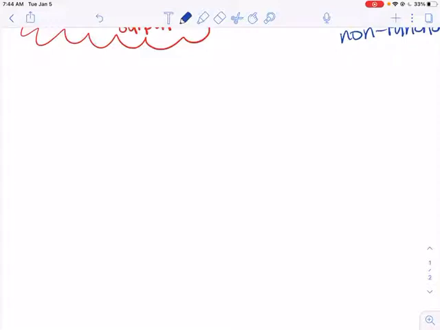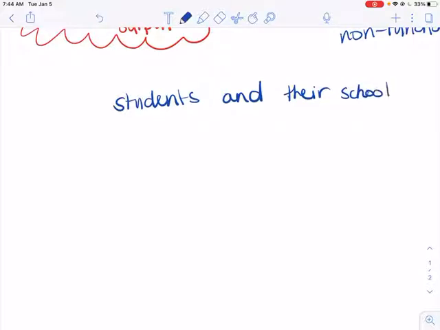So usually in our class, we're going to have a verbal description like this. We'd have the 2 different sets of things separated by the word and. So we have students and their school ID number.